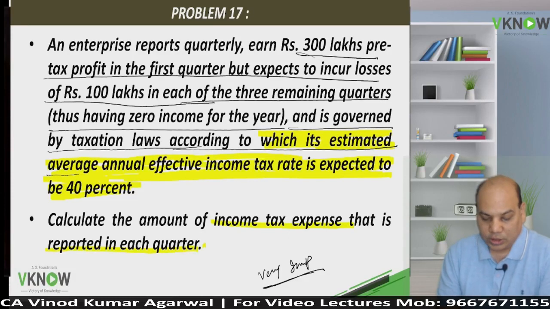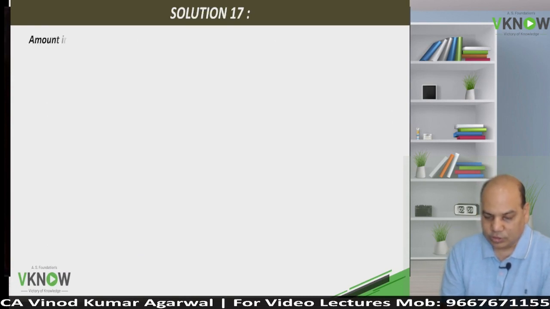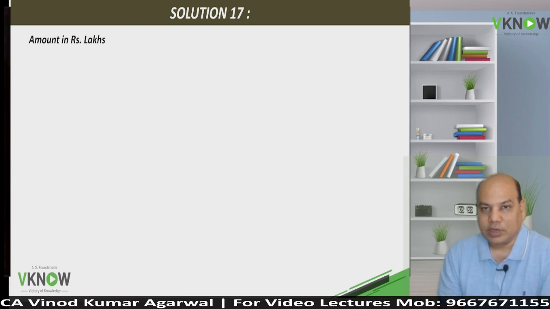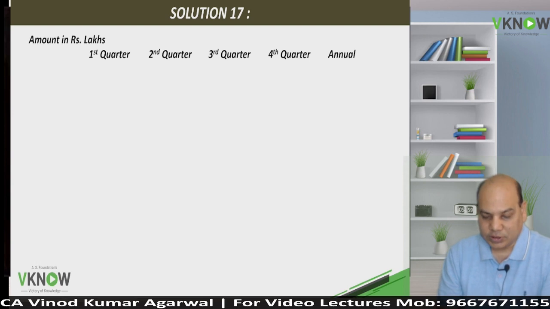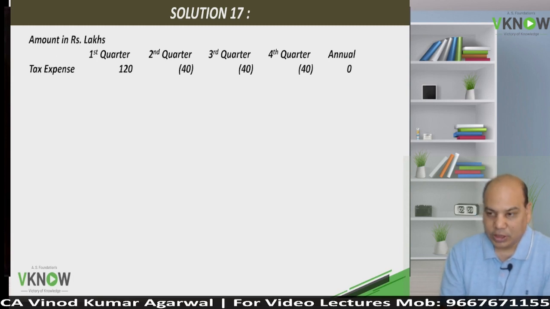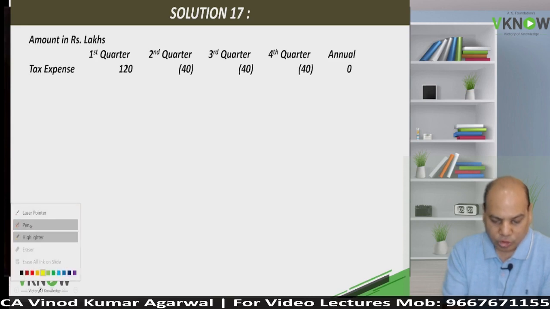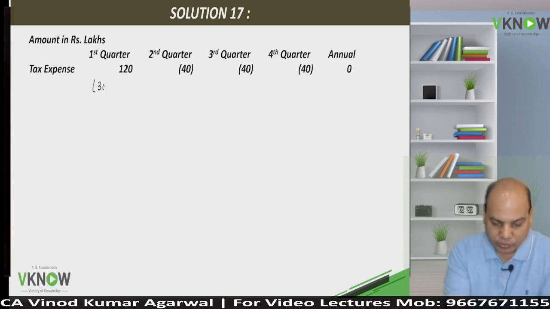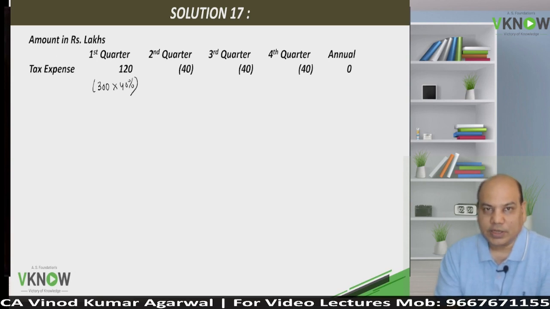So we don't have to compute the estimated average annual effective income tax rate. It is already given to us. So I just need to multiply the profit or loss with that 40%. So these are my 4 quarters, and my income is 300 in the first quarter, 100 losses in each of the others, and my weighted average tax rate is 40%.